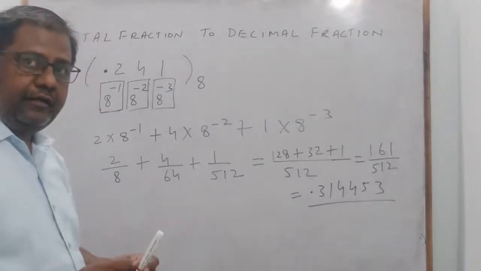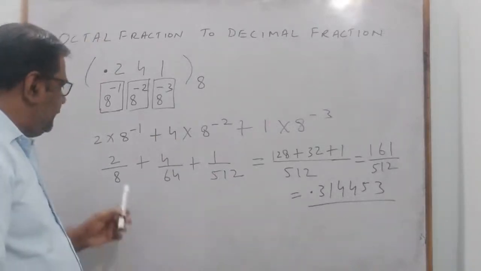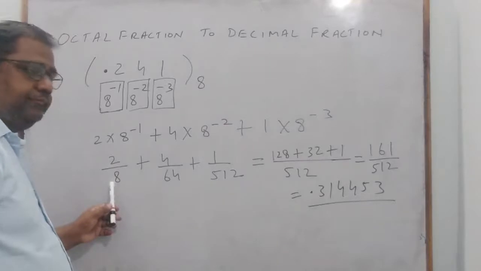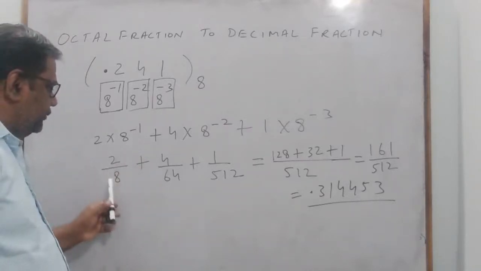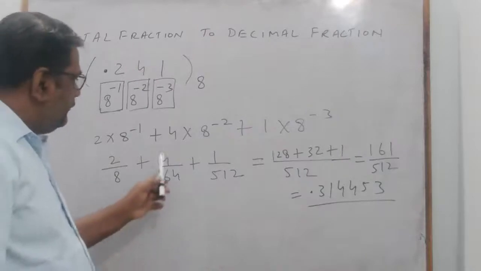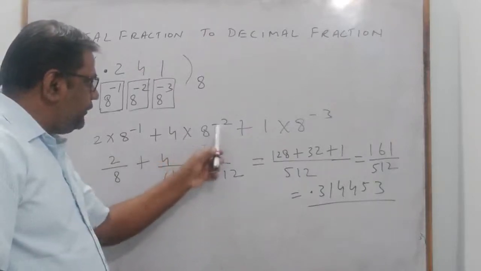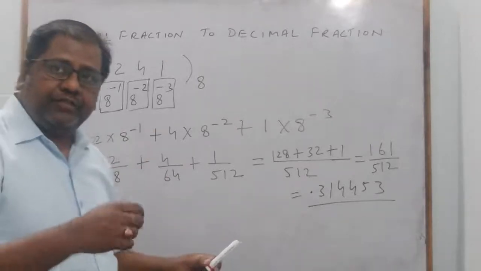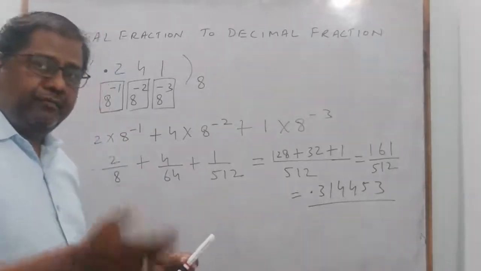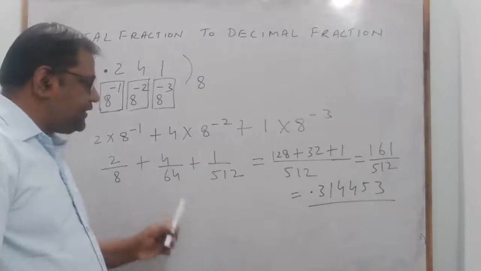The first term will be 2 by 8, because 8 to the power -1 is 1 by 8, into 2 is 2 by 8. For 4 into 8 to the power -2, 8 to the power -2 is 1 by 8 square, that is 1 by 64. Into 4, it will be equivalent to 4 by 64.